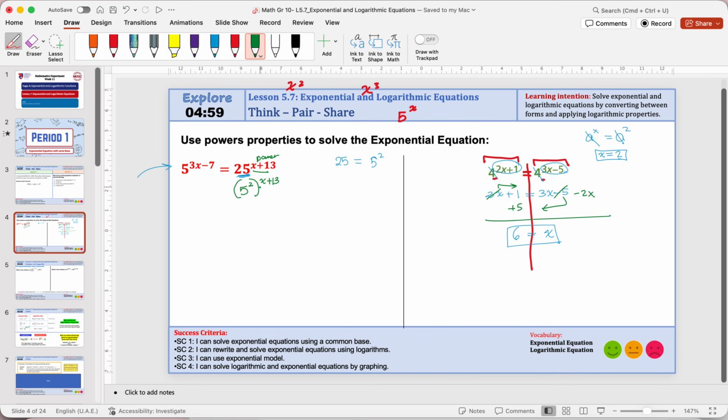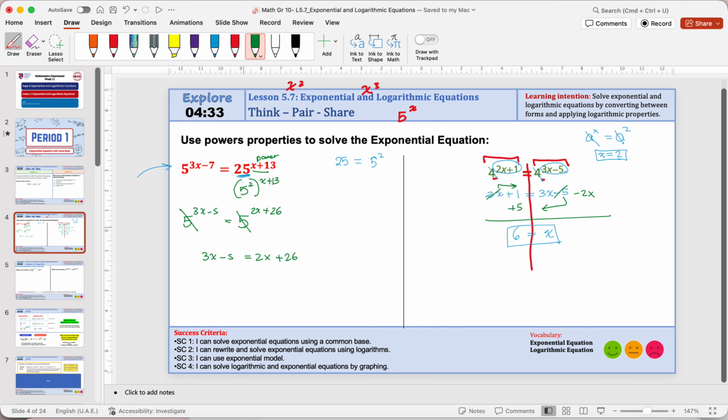So this means that you can still keep the base 5 and then multiply these. 2 times x is 2x. 2 times 13 is 26. See, I changed the 25 base into 5. And I can proceed, 3x minus 5. Just cross out that base, and now you have 3x minus 5 equals 2x plus 26.